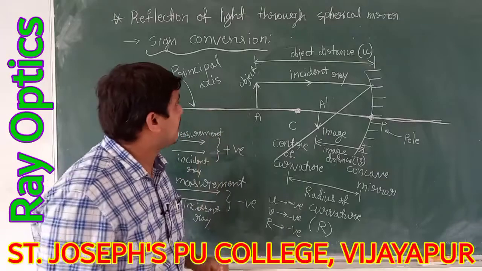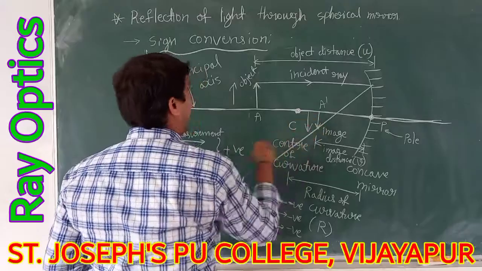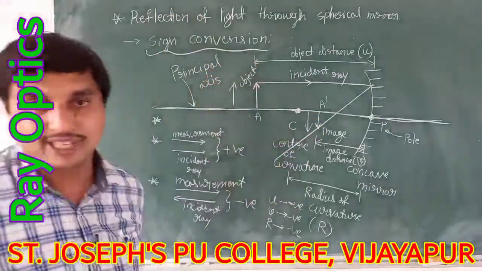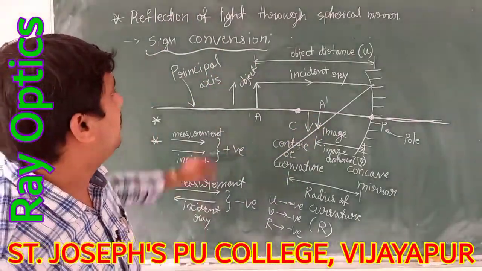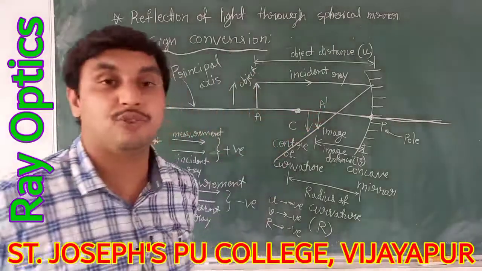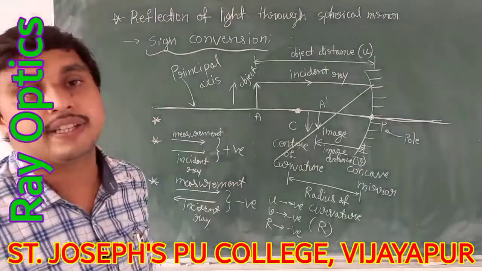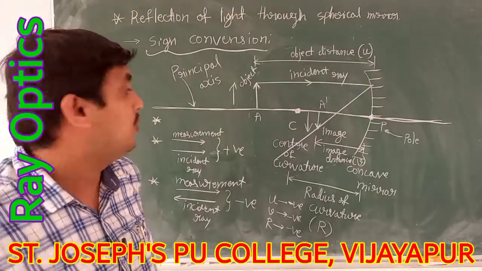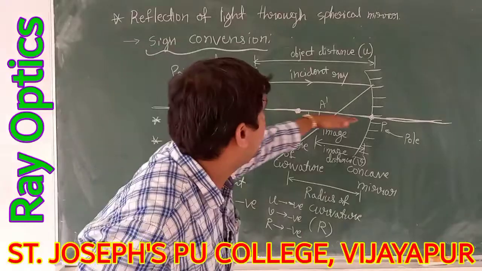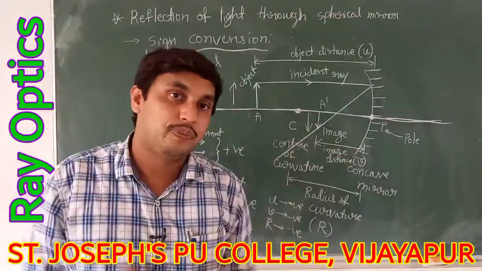Now another thing: if the measurement is above the principal axis or below the principal axis, for example the height of the object and the height of the image, for that measurement we have to consider a sign convention. For that, the principal axis is taken as the reference line.